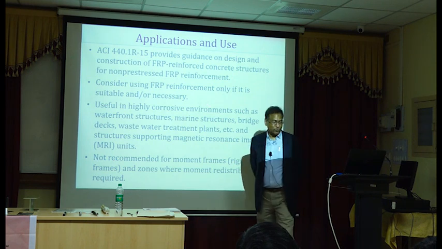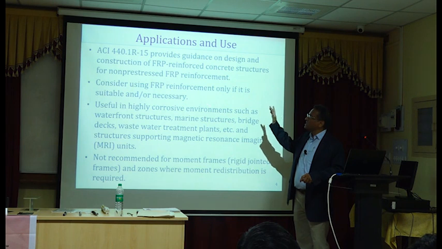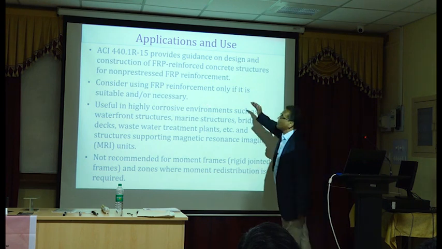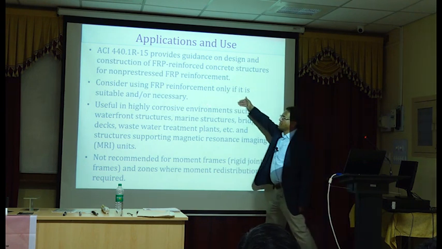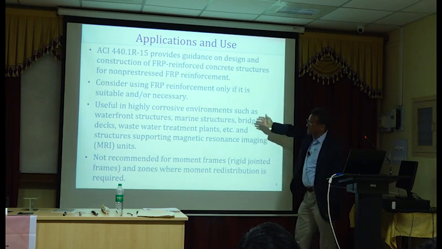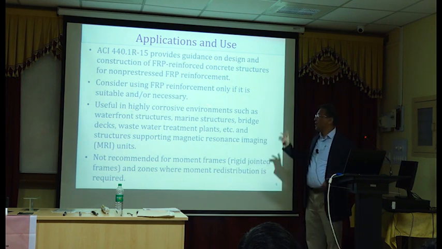That was the first question in our quiz number 1. That's the reason I'm trying to highlight that FRP is not an automatic replacement of steel reinforcement. That's something ACI also recognizes. And then it's useful in corrosion environment. We know many of these are repetitions, so I'll just go a little bit faster. But I'll highlight some things that need to be highlighted.